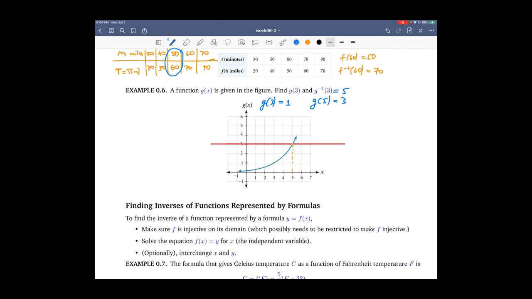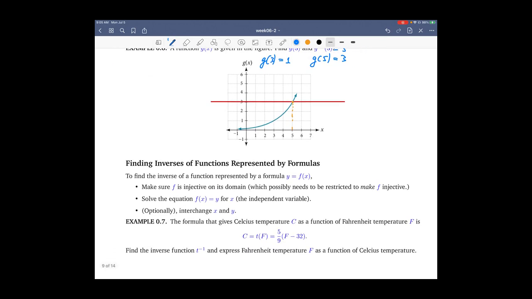Let us now summarize how we find the inverse of a function given by a formula. We pretty much did this already multiple times, but let's just summarize this. Well, first of all, you need to ensure that your function is defined in such a way so the inverse exists and is unique. So your function is defined from x to y.